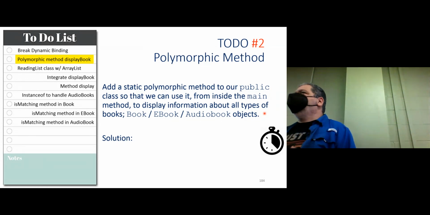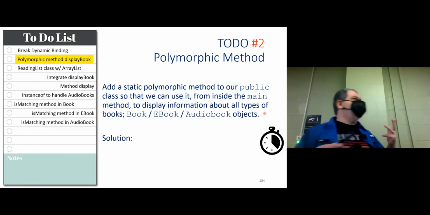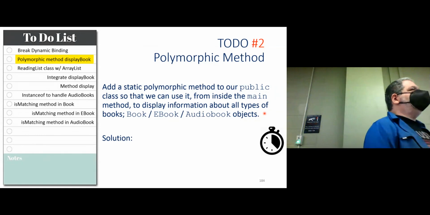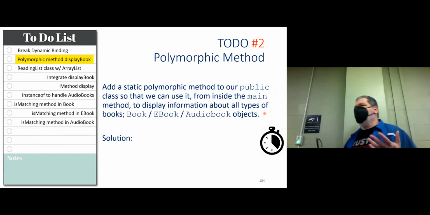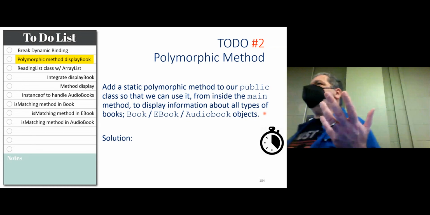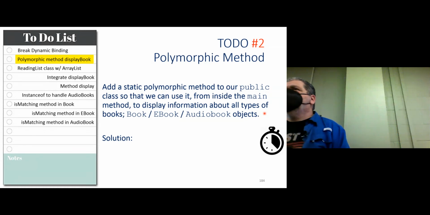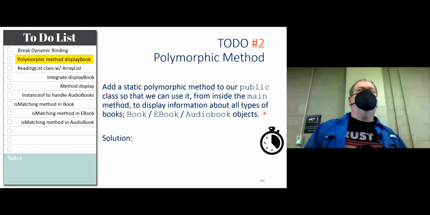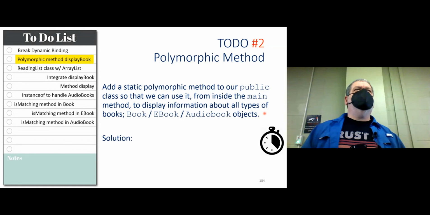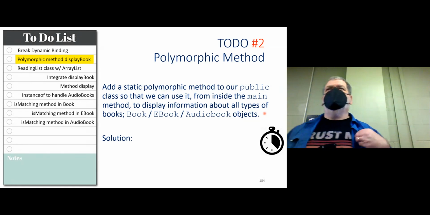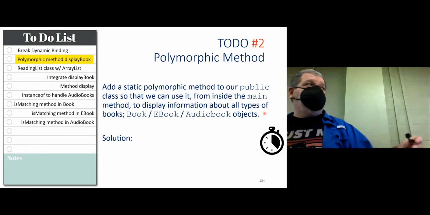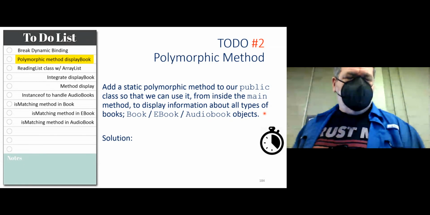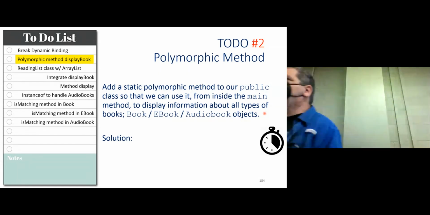I want it to be able to be called on any type of object: a book, an ebook, an audiobook. And I want it to display on the screen the text rendering of that book, pretty much using toString. Think of it as if I had only 2 minutes to do that, literally. It won't be complicated. What's the simple way to get this done?